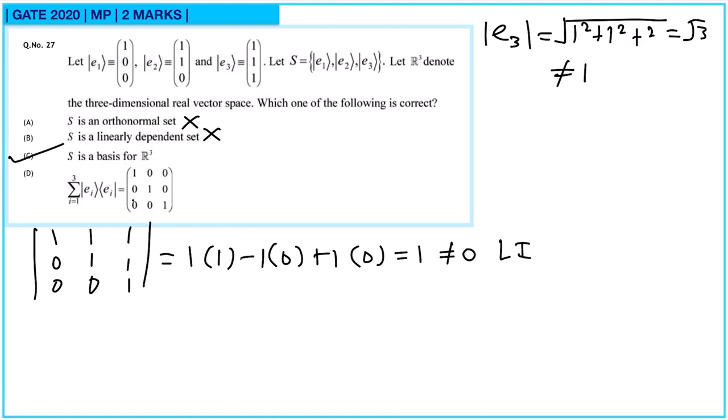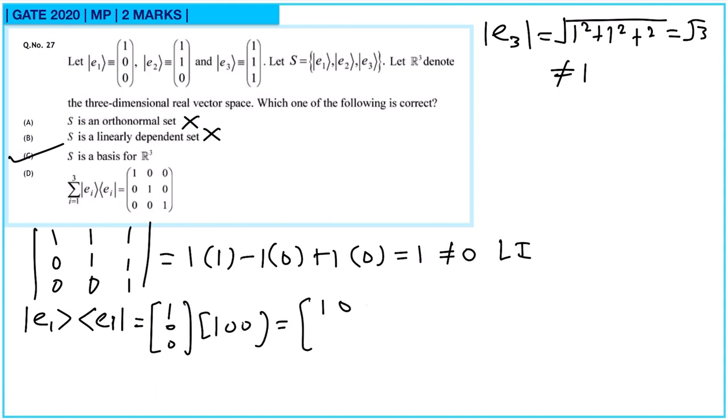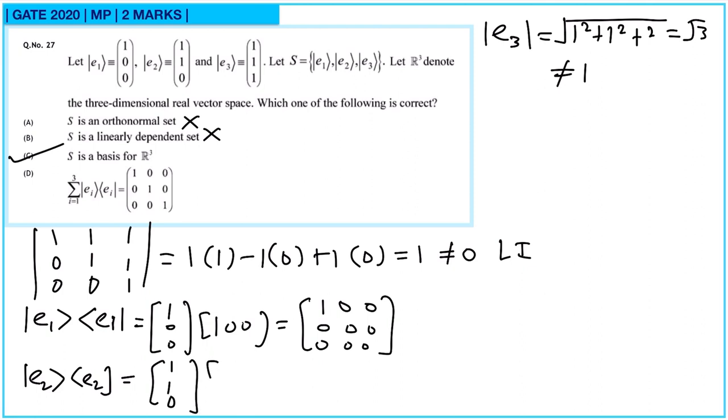Then option D is this outer product sum. So let us find its value. First, E1 outer product with E1. This is equal to (1, 0, 0) and (1, 0, 0), so this will be the matrix with 1 in the first entry and zeros elsewhere. Next is E2. E2 is (1, 1, 0) and then we have (1, 1, 0). So this will be 1, 1, 1, 1, 0 like this.